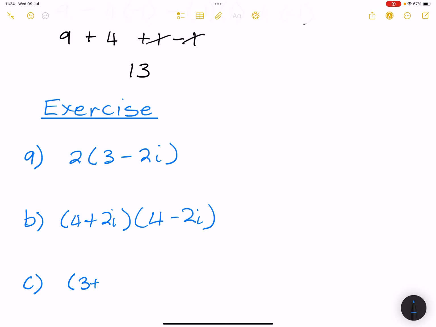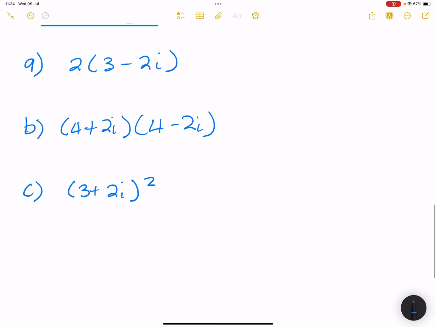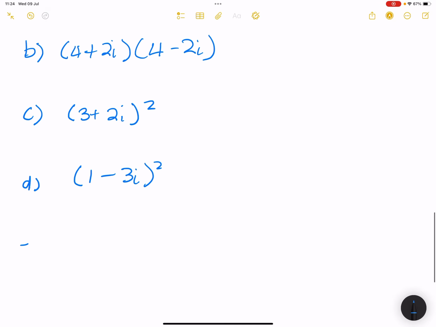So we've got 3 plus 2i. B, that is. And I want us to look at 1. All right, and I want us to take one last one.